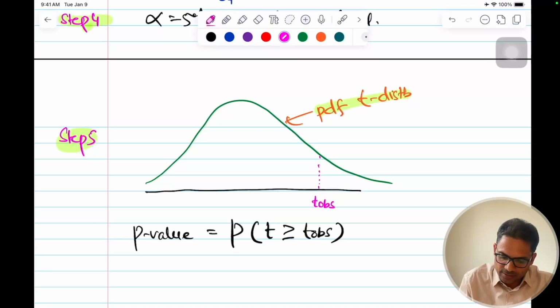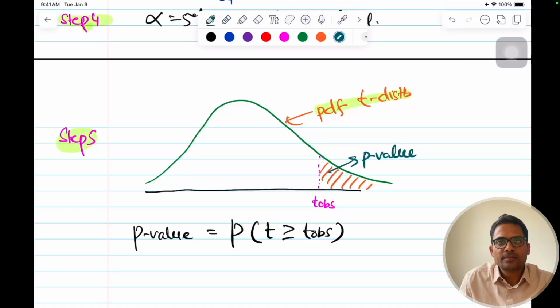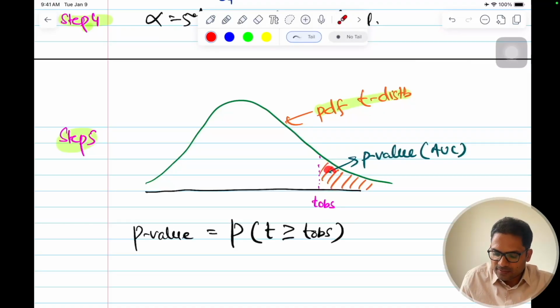So let me shade it for you. This is your p value, the area under the curve. This is the probability of observing any t which is greater than or equal to t observed, this and beyond. I hope p value is clear.